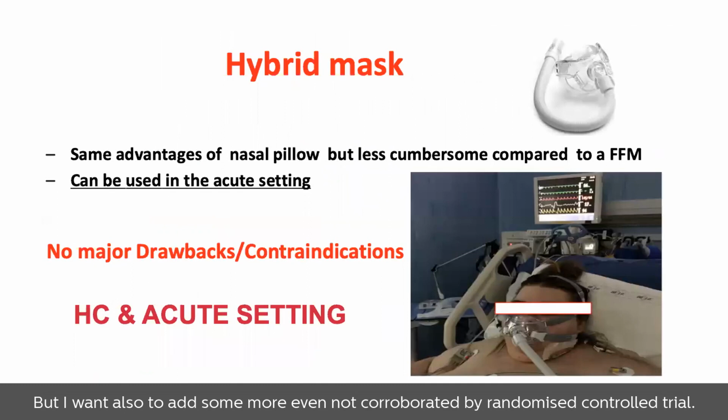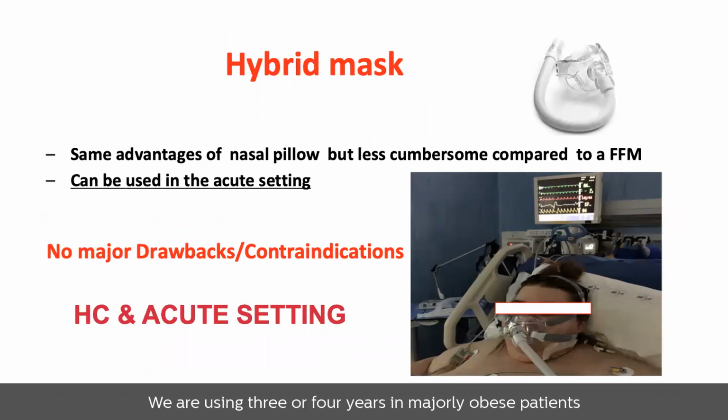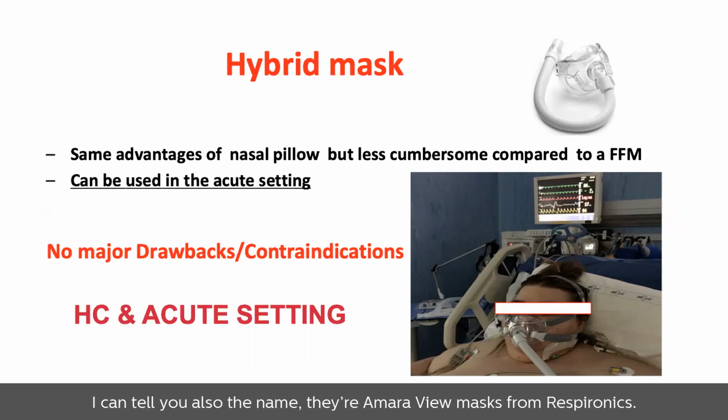But I also want to add something more, even if not corroborated by a randomized controlled trial. We have been using for 3 or 4 years, in major obese patients weighing up to 340 kilograms, the hybrid mask, I can tell you the name, the Amara mask from Respironics.